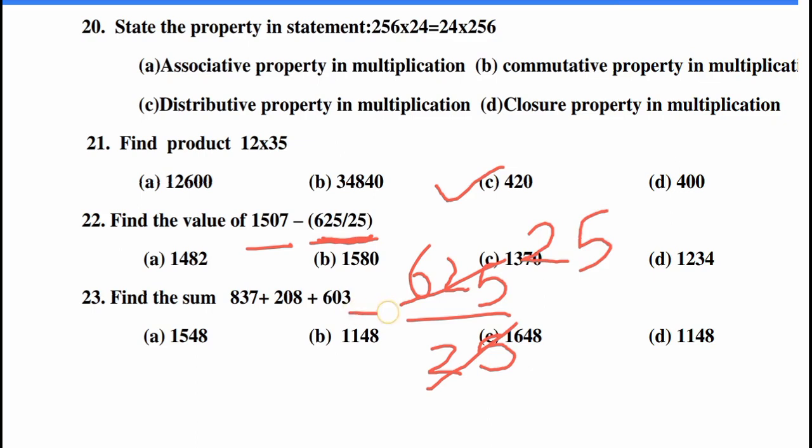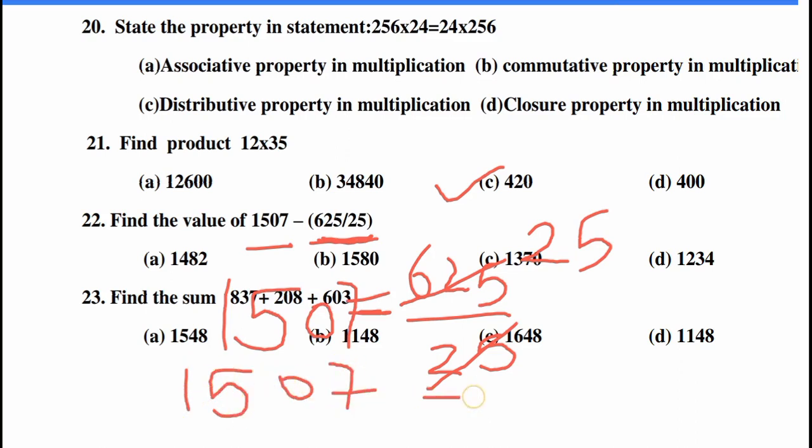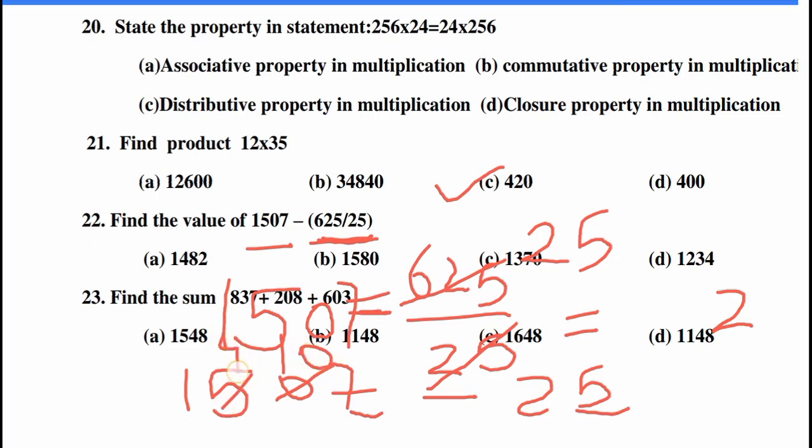And now we subtract this from 1507. So 1507 minus 25. Now we do subtraction of this. 7 minus 5 is equal to 2. And here we take 10, 4, and 10 minus 2 is equal to 8, and 1 4 as it is. So answer is 1482, and it is option A.